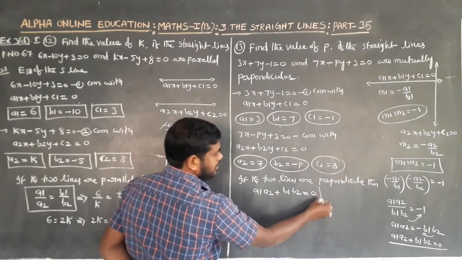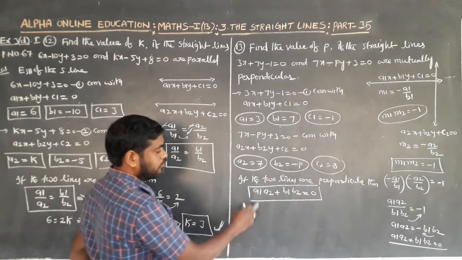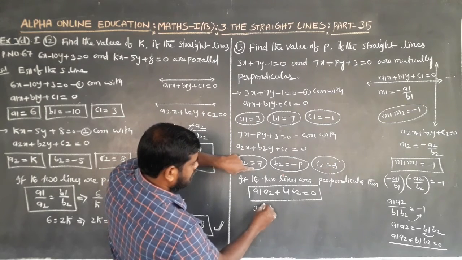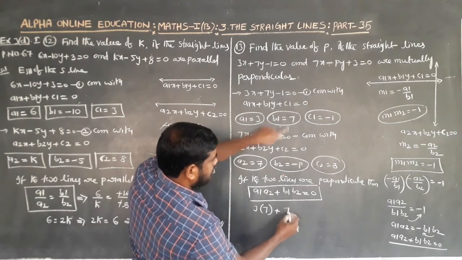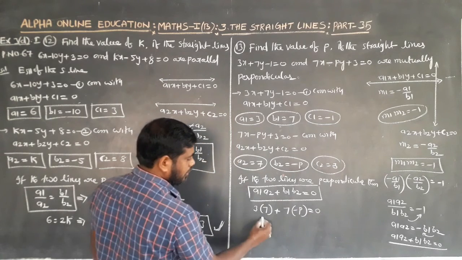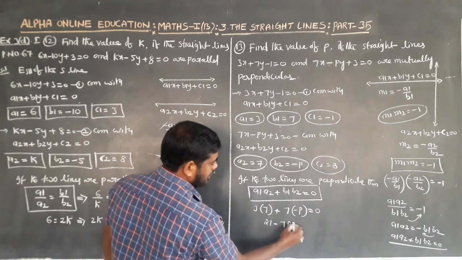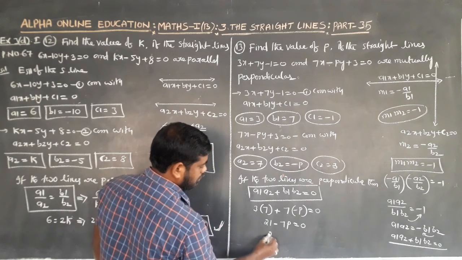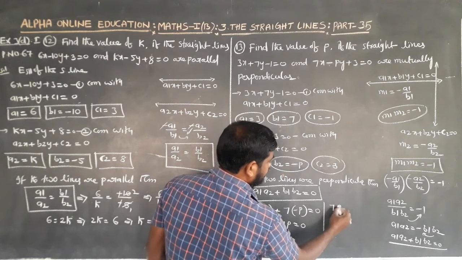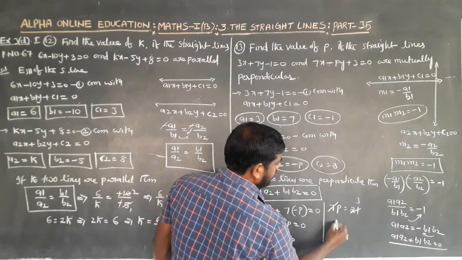A1 is 3, A2 is 7, plus B1 is 7, B2 is minus P, is equal to 0. 3 7s are 21, plus 7 into minus P, minus 7P, is equal to 0. 21 is equal to 7P. 7P is equal to 21, means 7 3s are 21.